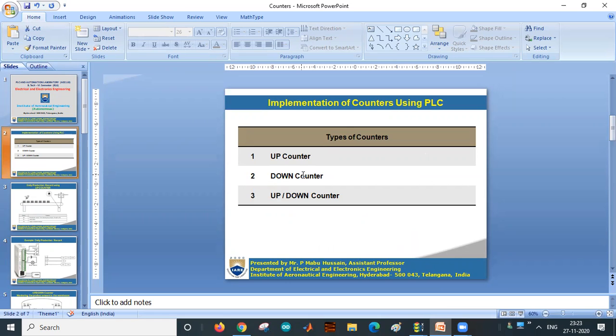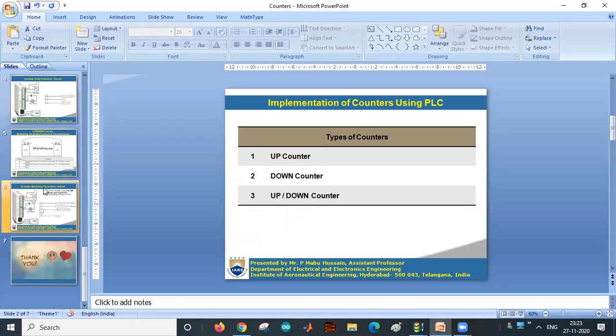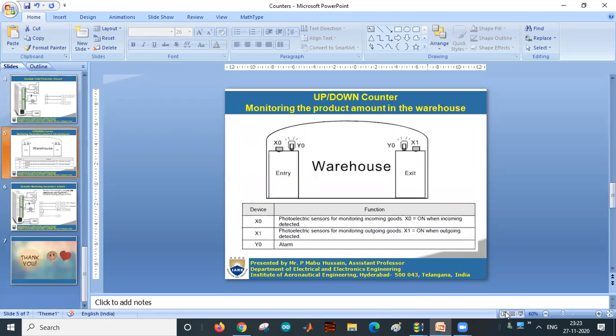If you have any application, mention it in the chat box, and I will try to design the counter for that particular application. I expect there is no industry which will use the down counter alone. Generally the up down counter will be used in industry. Let us see the up down counter.